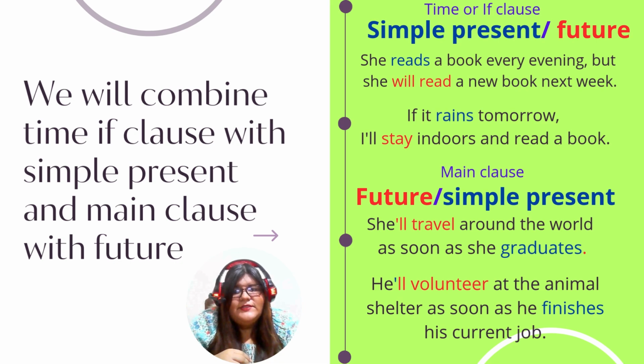You see here, this phrase after but is in future. She will read a new book next week. And now listen to the whole sentence. She reads a book every evening, but she will read a new book next week.